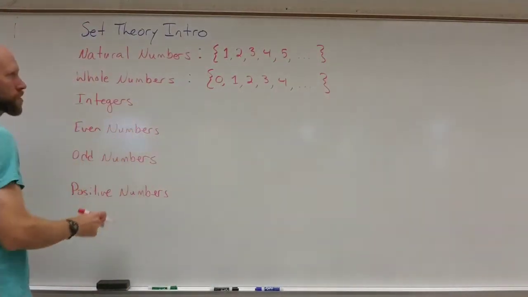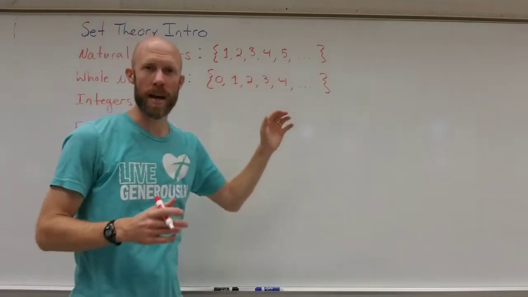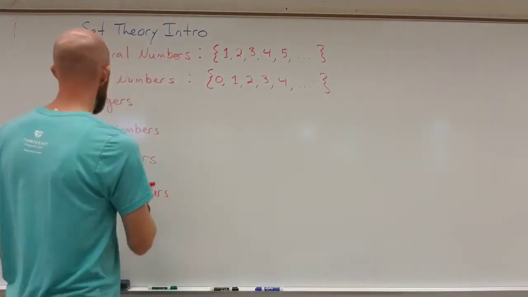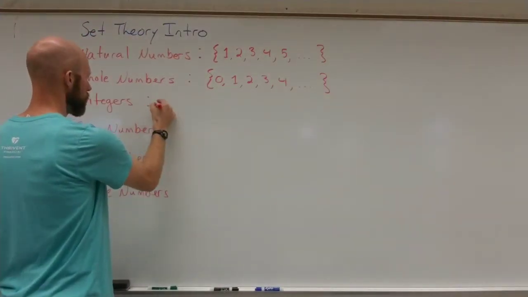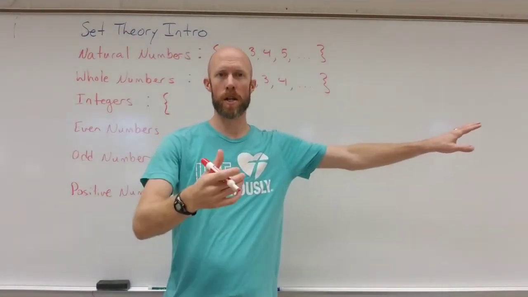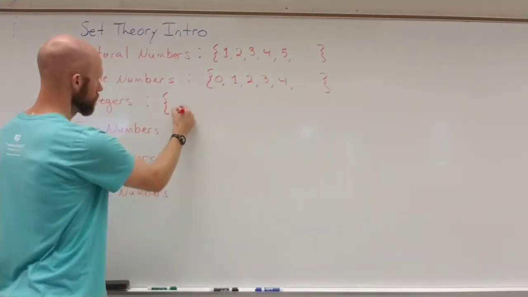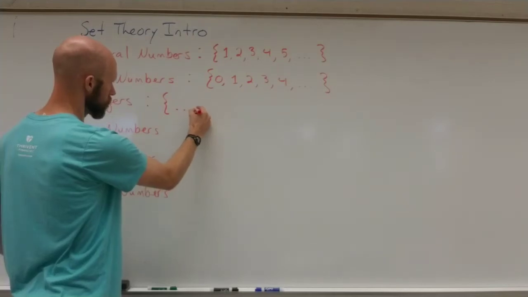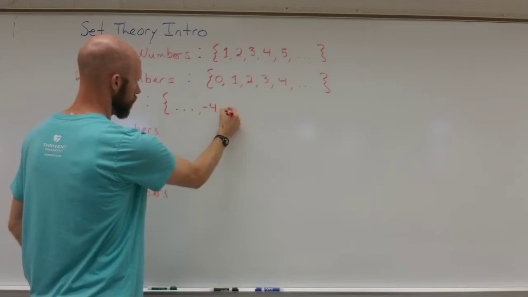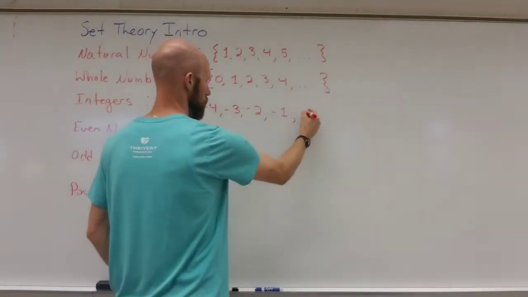The set of integers are going to be all of the natural numbers and their opposites in addition to the number 0. Okay? So the integers really go in both directions. They go in the greater direction and in the lesser direction. So I would actually put an ellipsis on both sides of this one. Put an ellipsis on the left showing the negative numbers, and then say maybe -4, -3, -2, -1, 0.